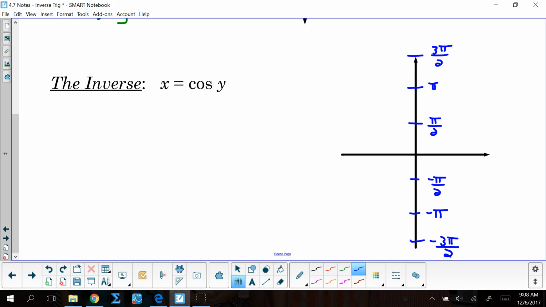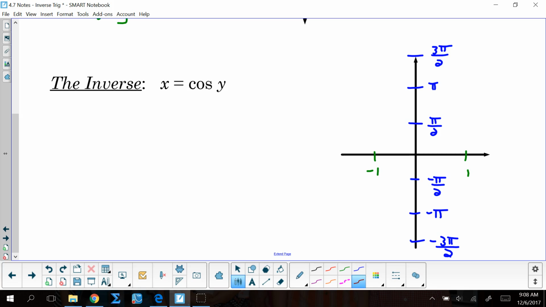And my horizontal is going to be 1 and -1. Right? Okay. So, from the cosine one above, I won't scroll up and down, because somebody might stroke out with me moving all that stuff around.